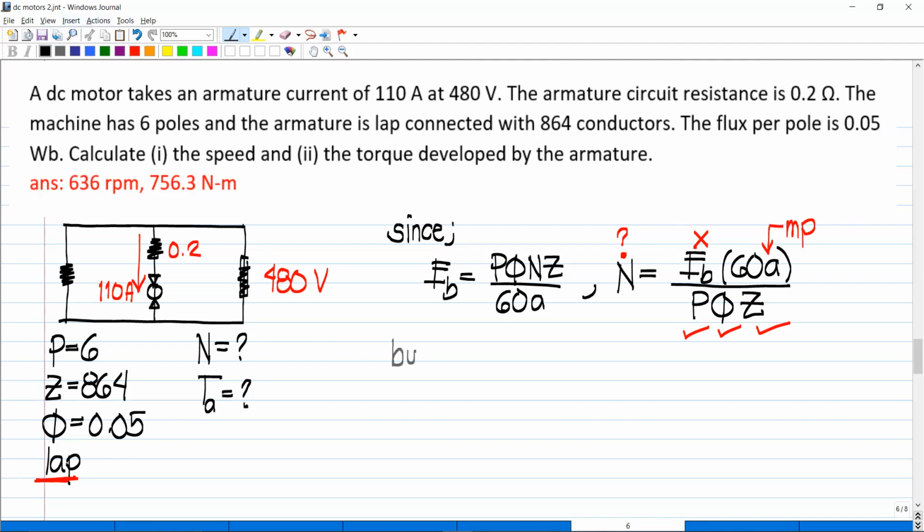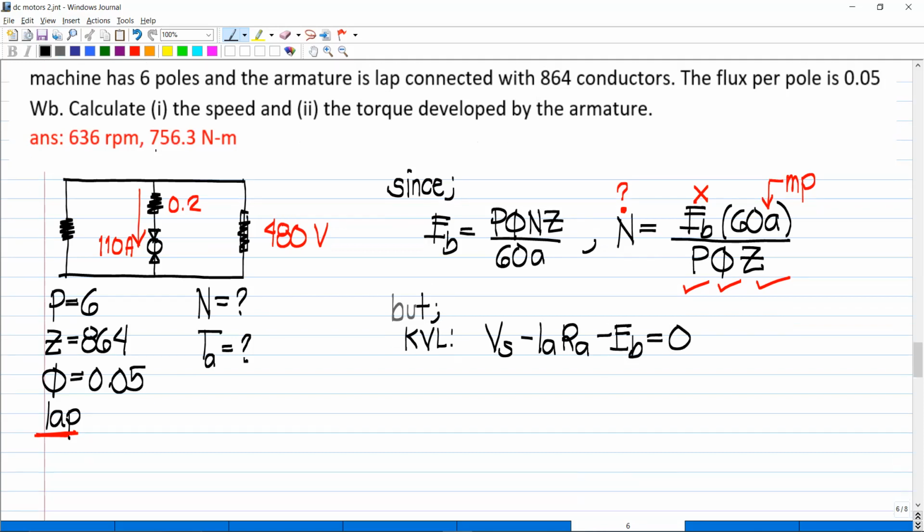And in our DC shunt motor, we have the KVL. That KVL is Vs minus IA RA minus EB is equal to 0. So let us substitute; I think these are given. We have the Vs, the source voltage, 480.